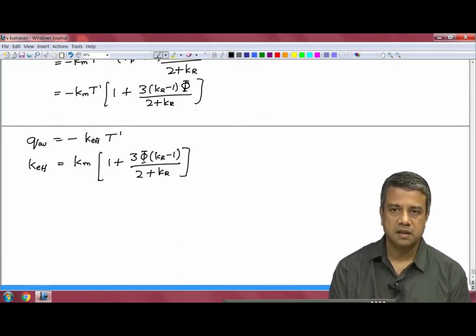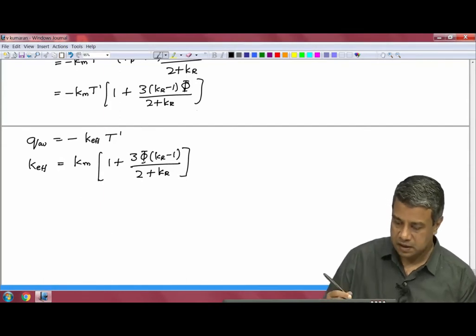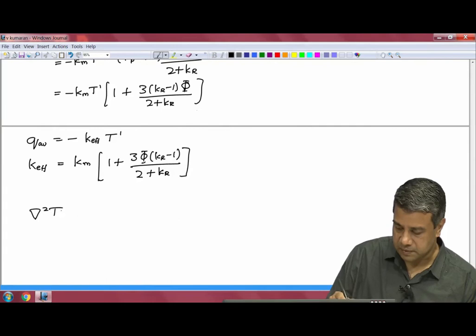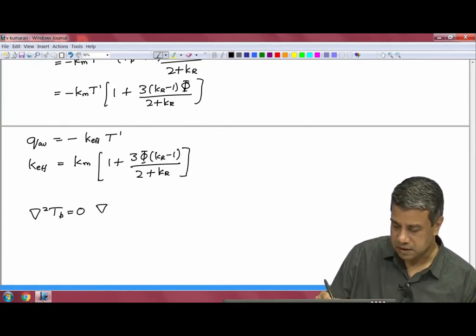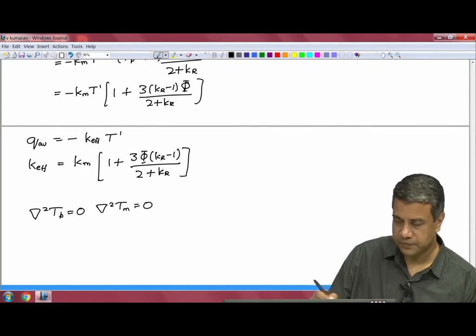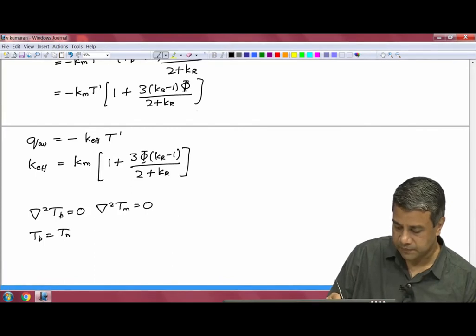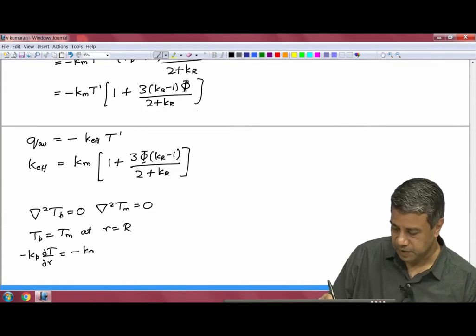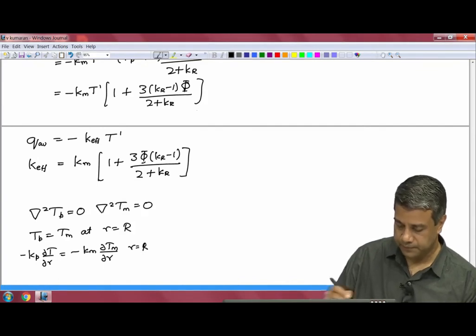In that case, for a particle with thermal conductivity Kp in a matrix with thermal conductivity Km, we had solved the equations del squared of the particle temperature is equal to 0, del squared of the matrix temperature is equal to 0. At the surface of the particles, we had Tp equal to Tm at r equal to R, and minus Kp times the heat flux perpendicular to the surface is the same in the particle and the matrix.